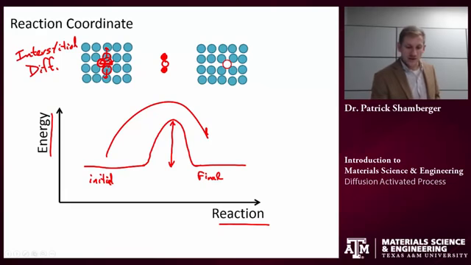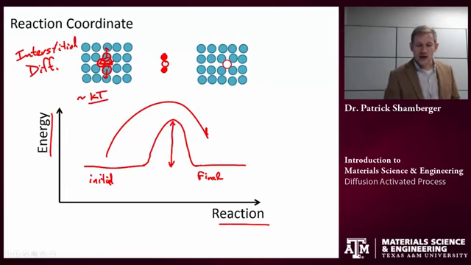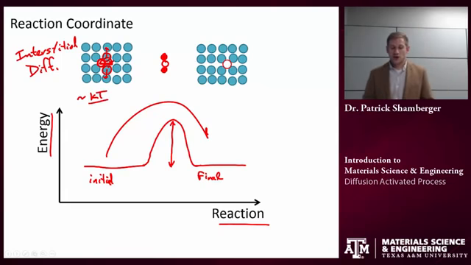So at a finite temperature, we can say the energy of the system is proportional to kT, where k is the Boltzmann constant. And so the probability of this event happening is going to be exponentially proportional, actually, to the ratio of this activation energy over kT.